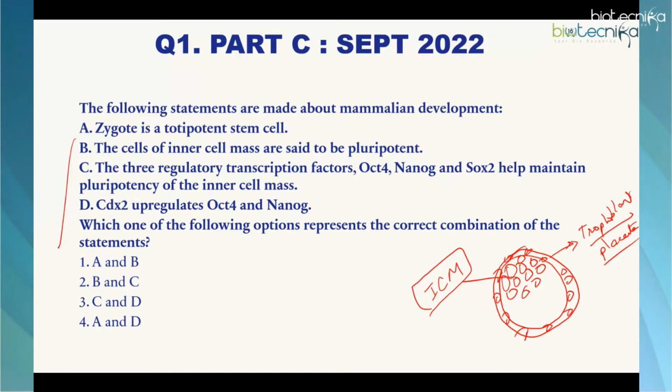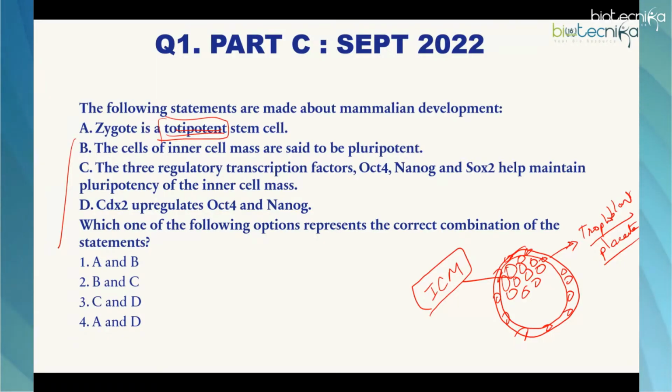Now see, zygote is a totipotent stem cell, right? First of all, potency, what does it mean? It means the capacity to form a certain cell type, and there are different levels of potency. Okay, Hardik says it's 3. Let's have a look.